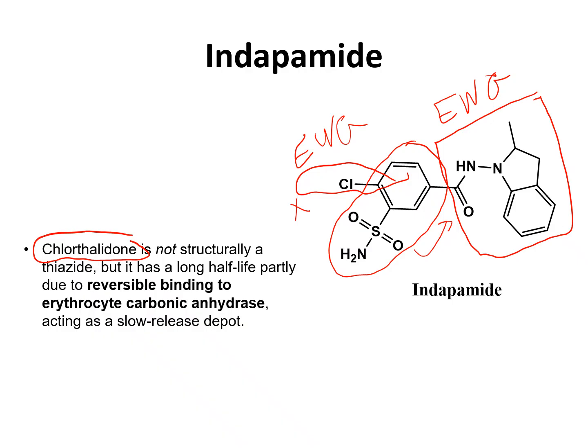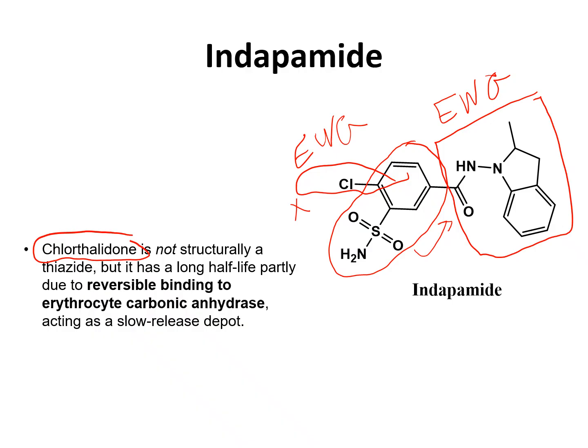So why does it have a long half-life? It's believed the main reason is that this compound binds in a reversible fashion to the carbonic anhydrase that we talked about in previous lectures, as one of the classes of diuretics, the carbonic anhydrase inhibitors. This structure has similarity to the other carbonic anhydrase inhibitors we talked about previously, and if you look at them, you'll see that they have the sulfamoyl moiety, and that sulfamoyl moiety makes the structure an active binder to the carbonic anhydrase in the blood.